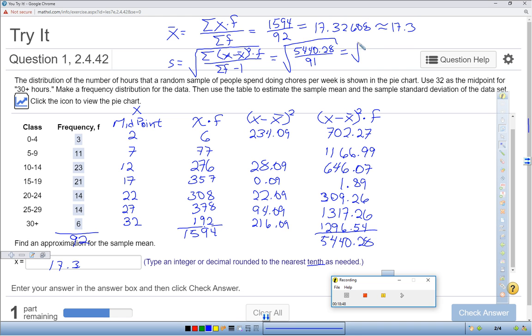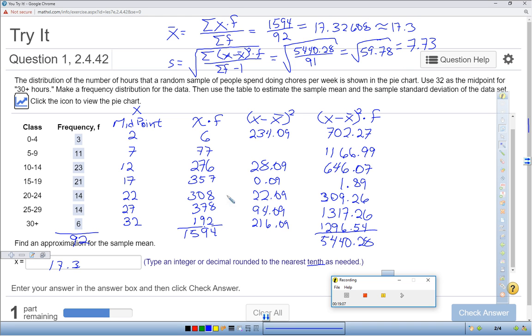So it's the square root of 59.78. Now just take the square root of this result. The answer I got is 7.73. There are more decimal digits: 7.7319902.